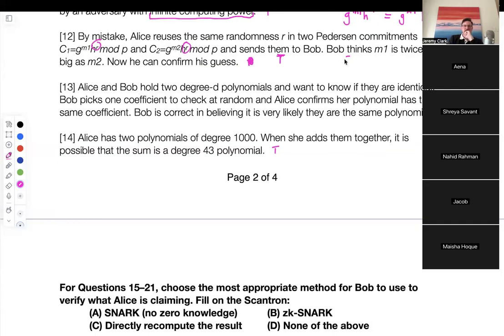Okay, so let's think about what you can do with this. C1 divided by C2 would be G to the M1, H to the R, divided by G to the M2, H to the R. If you divide them, the H to the R terms cancel. So that's the consequence of having it. And so you end up with G to the M1 minus M2.